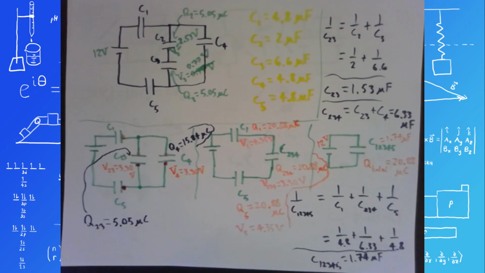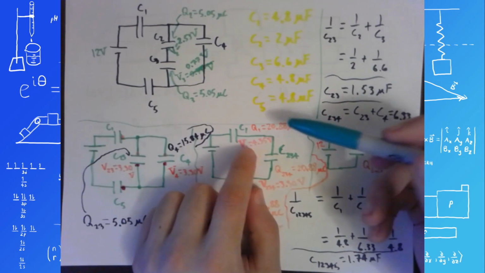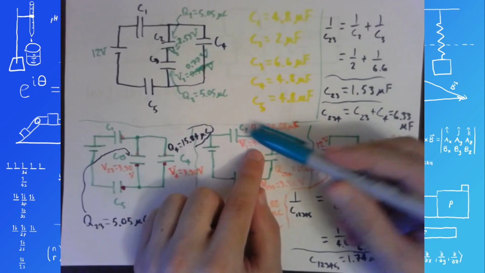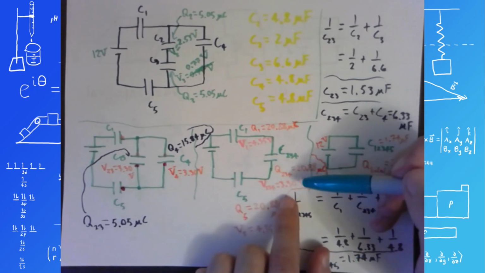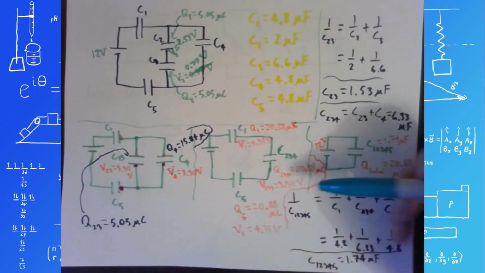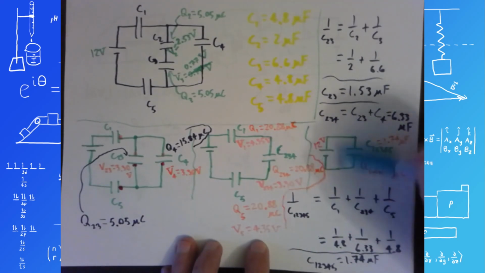Another thing you might have noticed is when we unpacked things in series, the voltage across this one, 4.35, plus 3.30 plus 4.35 should add up to approximately 12.